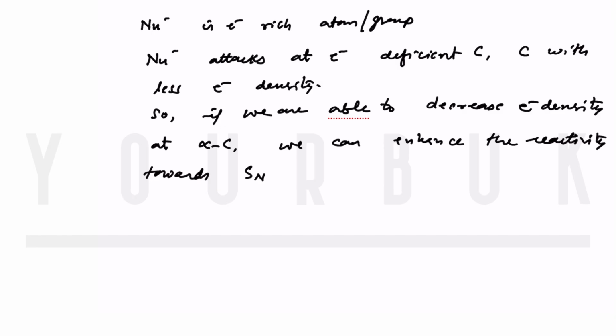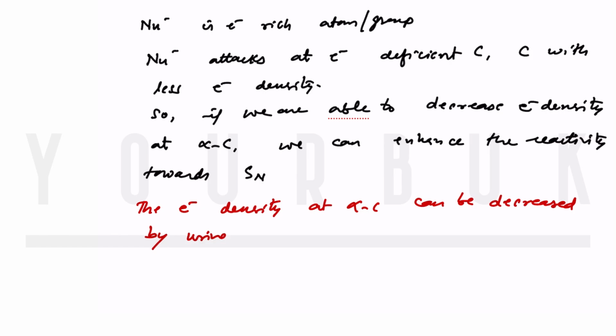And the electron density at alpha carbon can be decreased by using some electron withdrawing group, and a very common example is the nitro group.